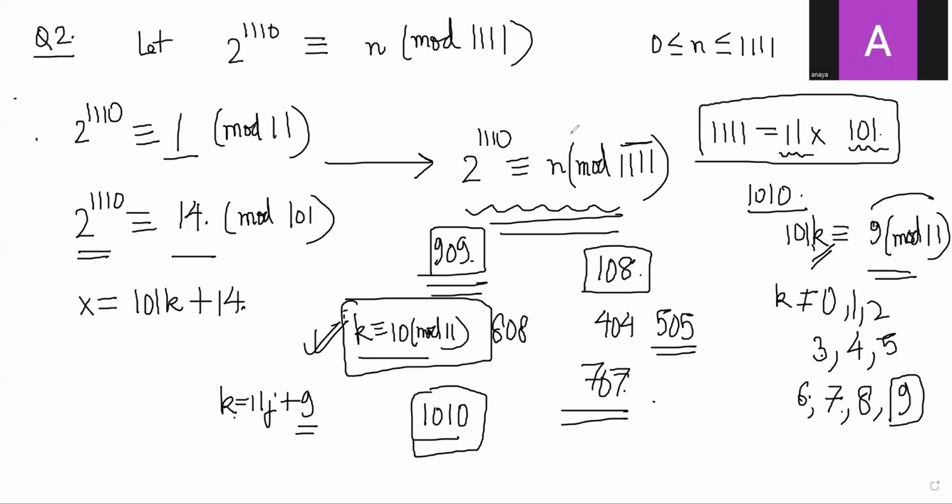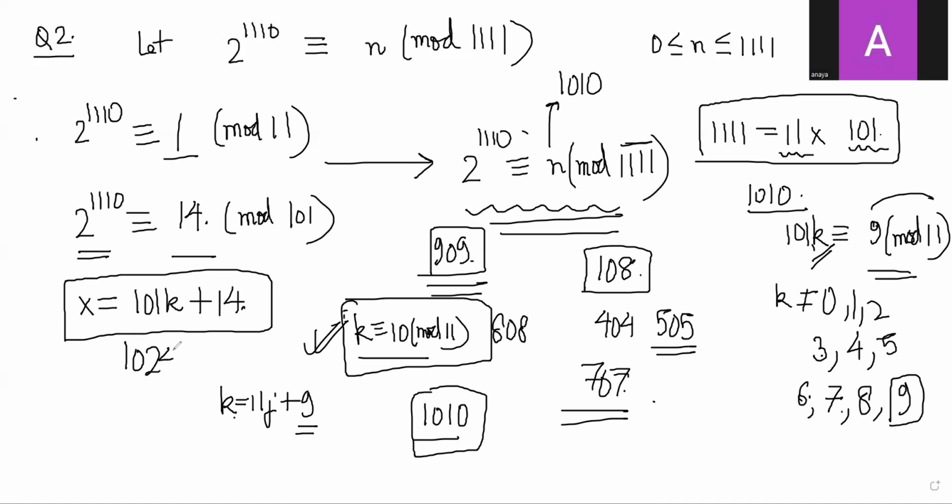So you are getting now this solution is 1010 mod 1111. No, wait, that was our K. What was our X? X was 101K plus 14. K was 10, right? So we are getting X is 1024, right?